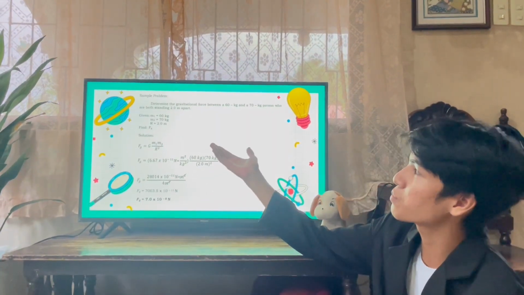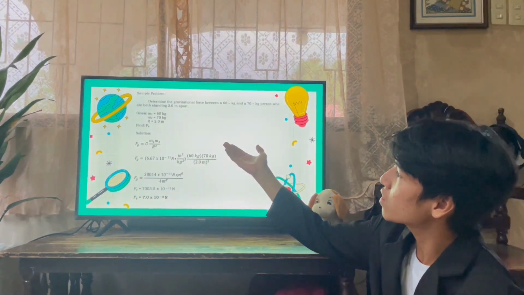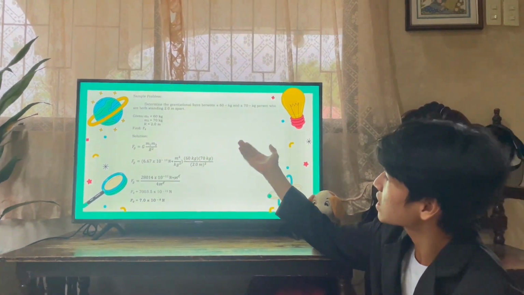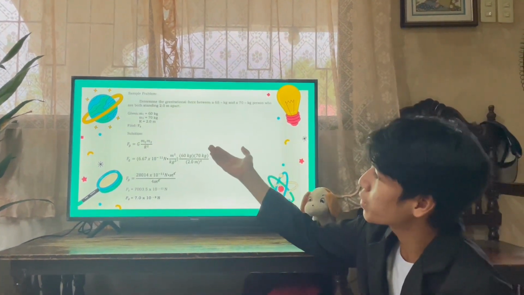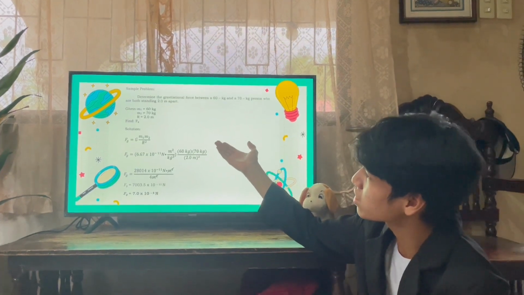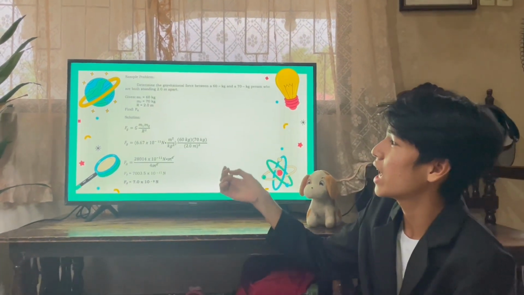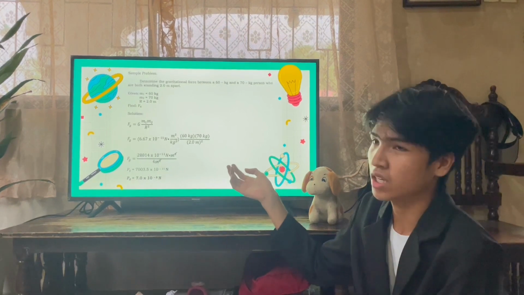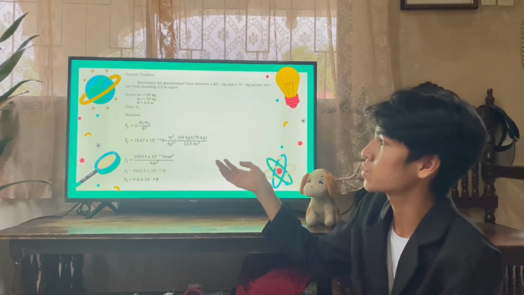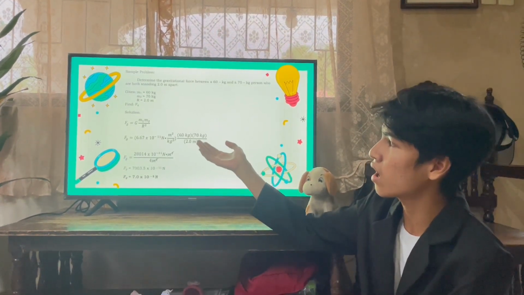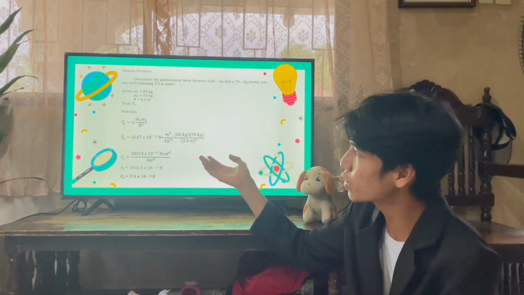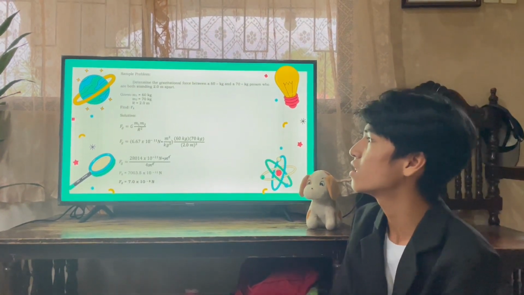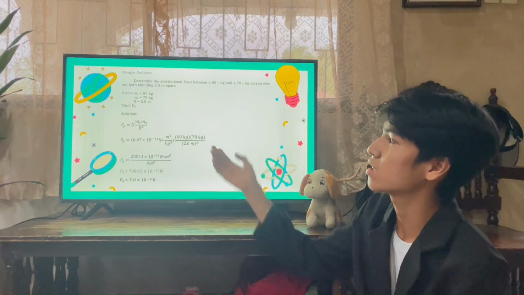Now for a sample problem: determine the gravitational force between a 60 kilogram and a 70 kilogram person who are both standing 2 meters apart. Given: m1 is equal to 60 kilograms, m2 is equal to 70 kilograms, and r is 2.0 meters. Find the force of gravity.